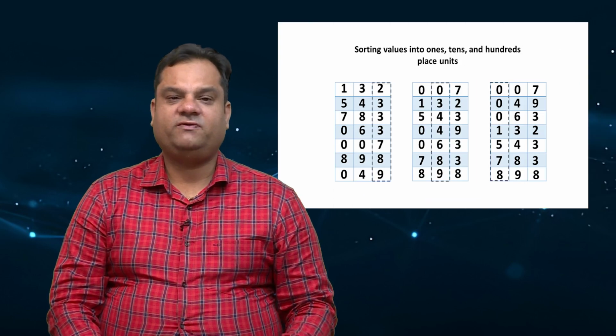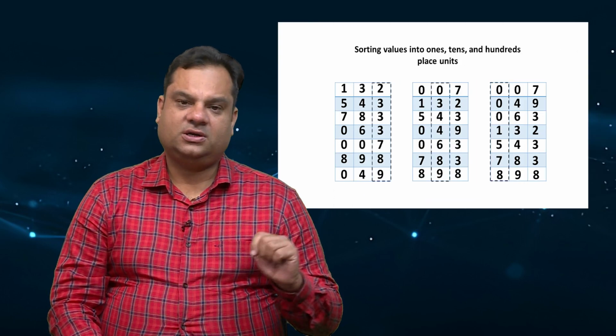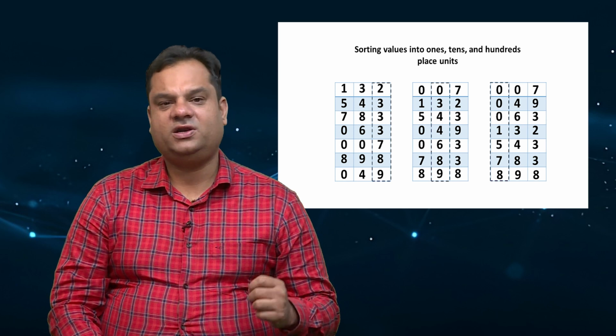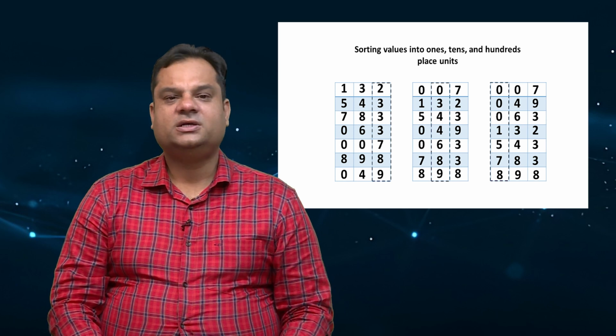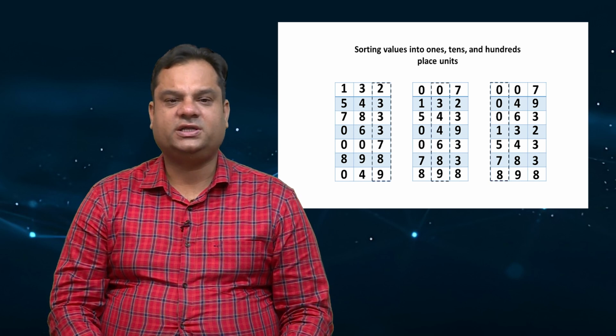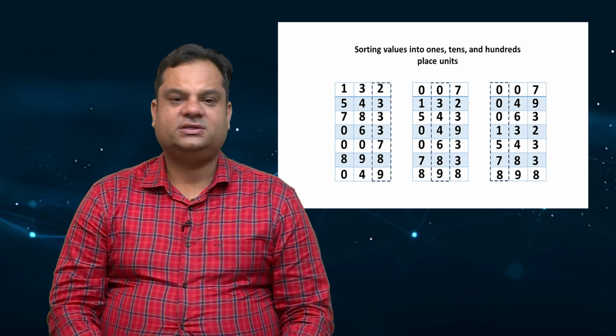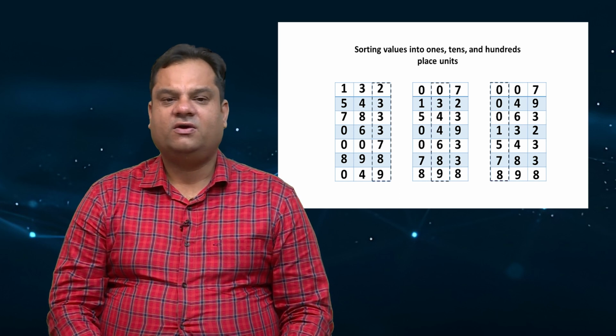By this example, we can understand the logic of Radix sort. Suppose we have values in a list. In the first table we have values like 132, 543, 783, 63, 7, 898 and 49.